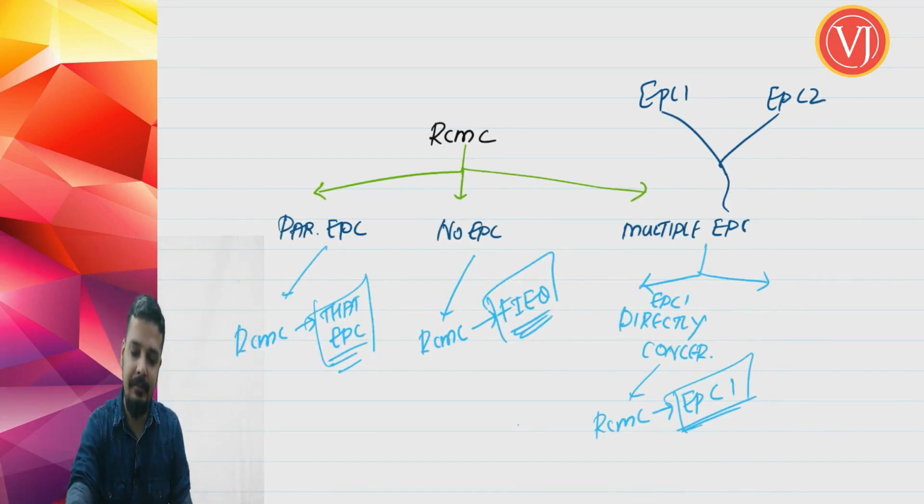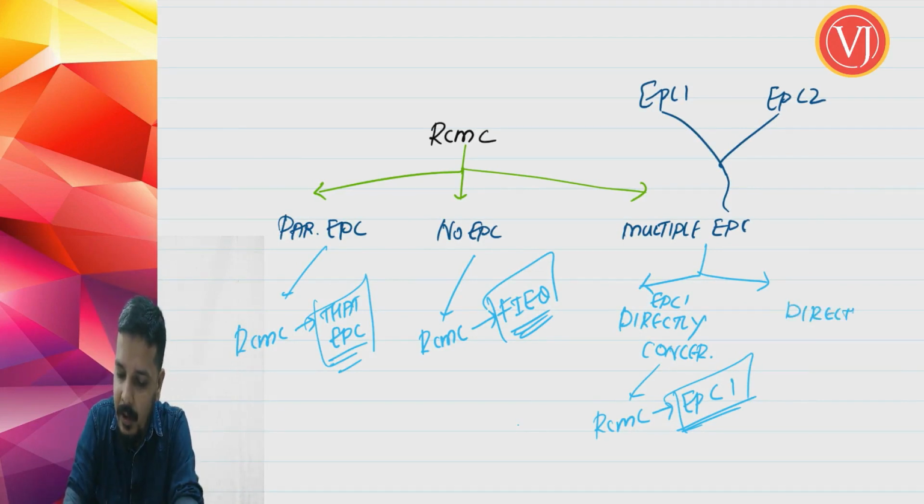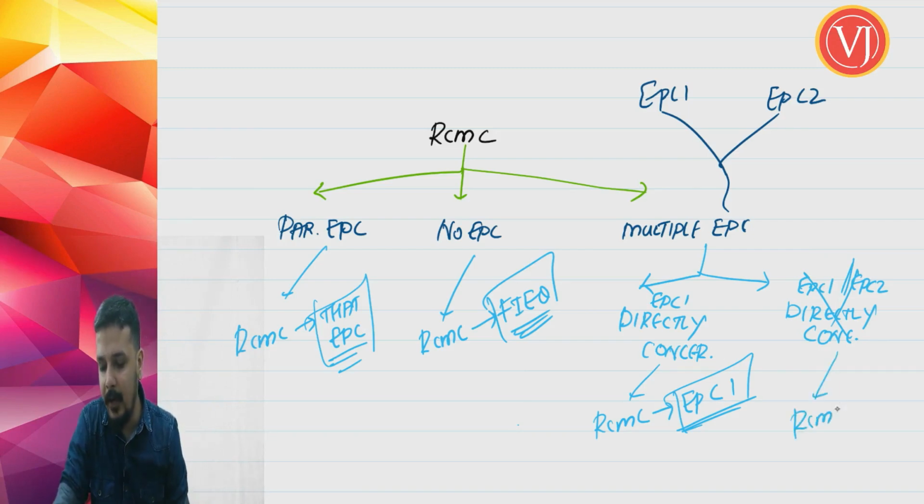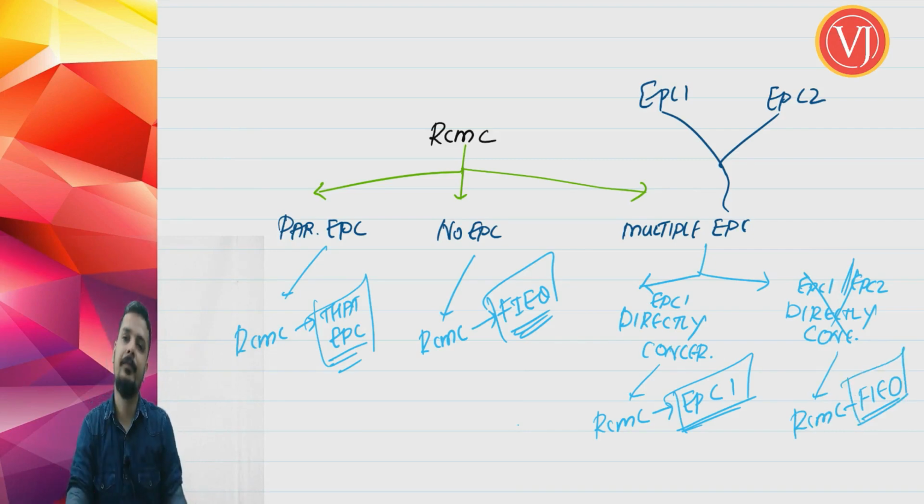If you are not in a position to find which is more directly concerned, you are not sure whether EPC1 or EPC2 is directly concerned with your product, then apply for RCMC from FIO.